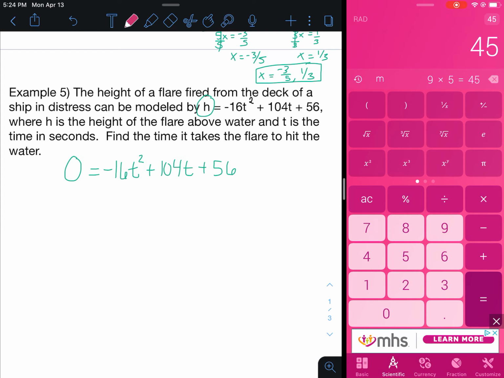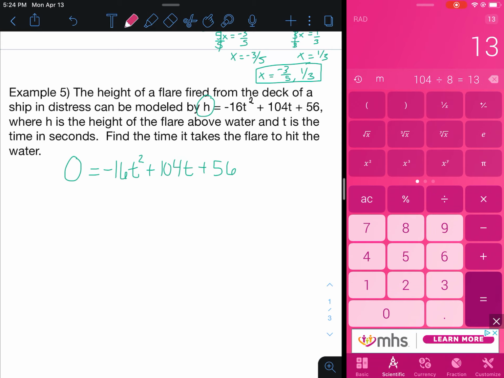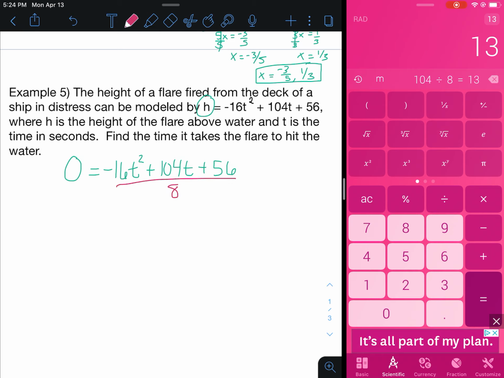Now, these numbers are very big. I'm going to try to find out if 16 goes into all of them. And okay, so it doesn't go into 56 evenly. But I do know that 8 goes into negative 16, and I know it goes into 56, so I'm going to check. Does it go into 104? And yes, it does. So I'm going to divide by my greatest common factor of 8, and I'm actually going to divide by a negative 8.